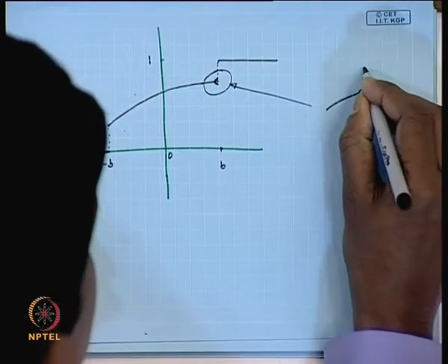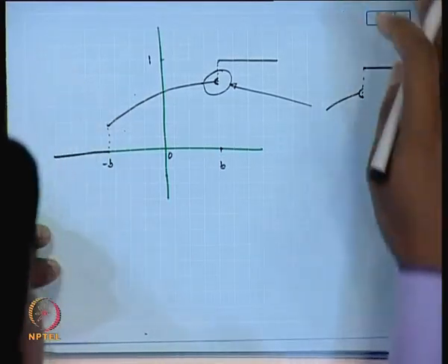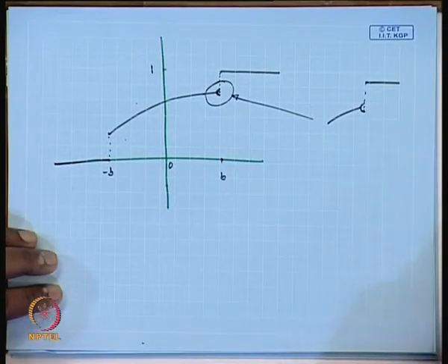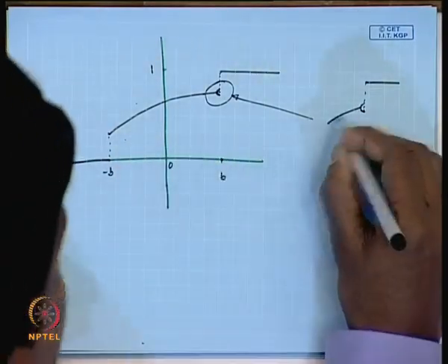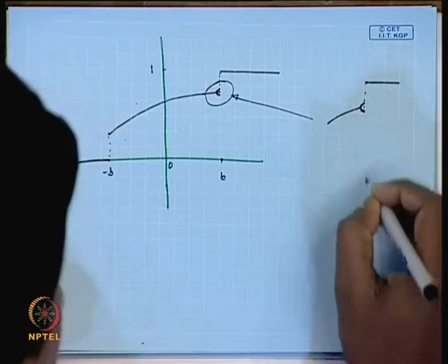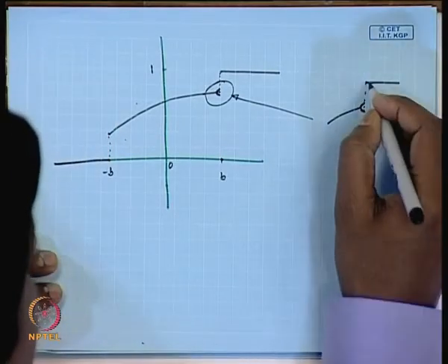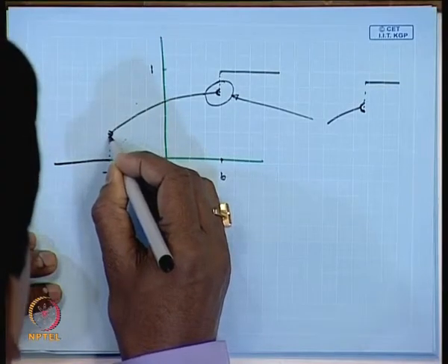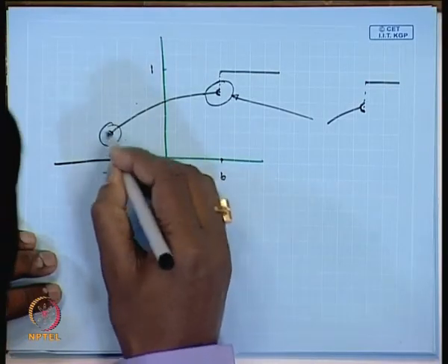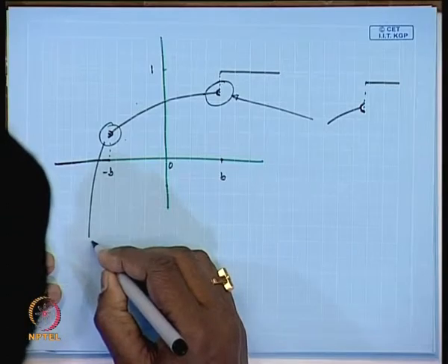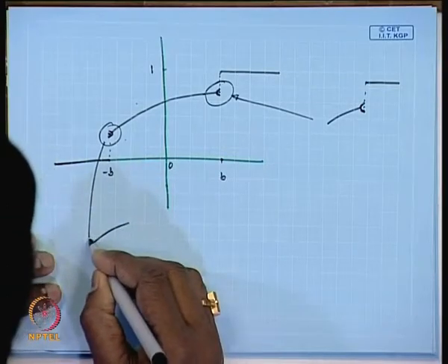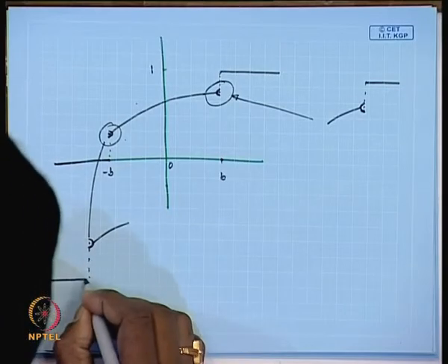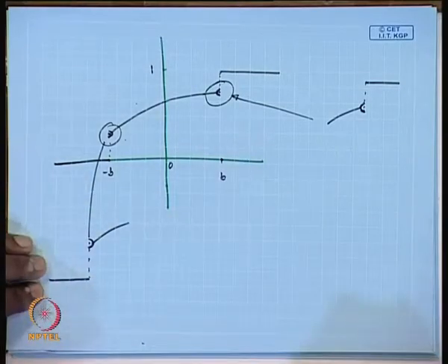Just recall our description of the CDF for throwing a dice, which we discussed in a previous class. It can go close, but we cannot touch b, because at b the value is 1. Similarly, for minus b, it cannot touch minus b, so it comes like this, because at minus b the value is 0.